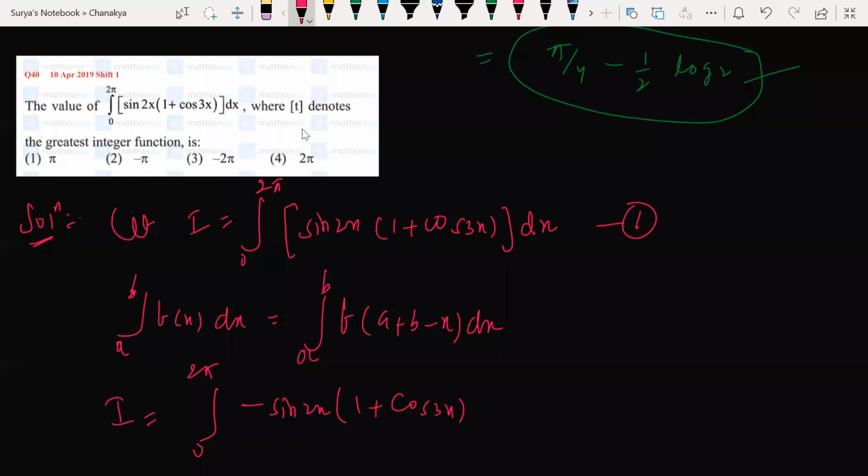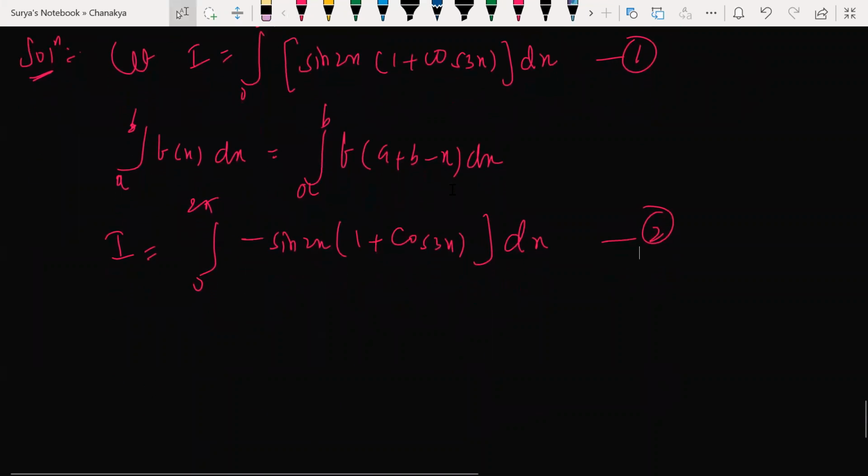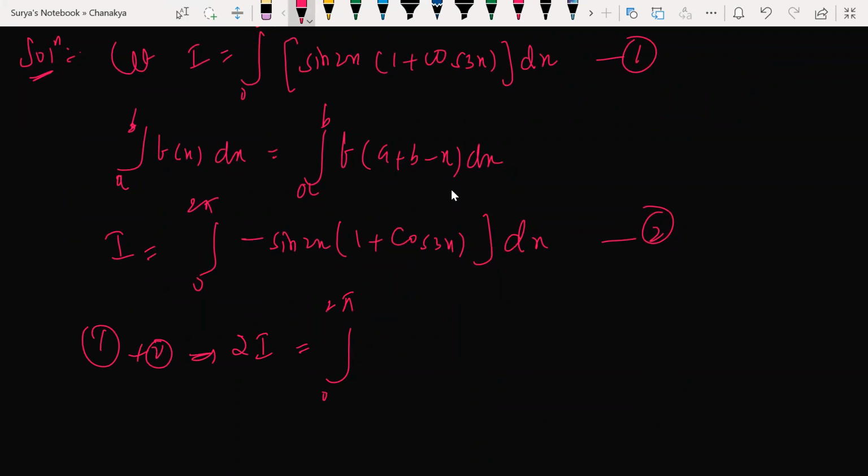This is second one. Else 1 plus 2. So add this sine 2x.